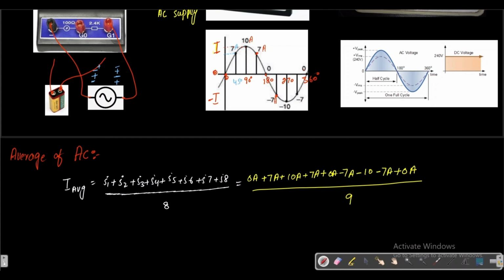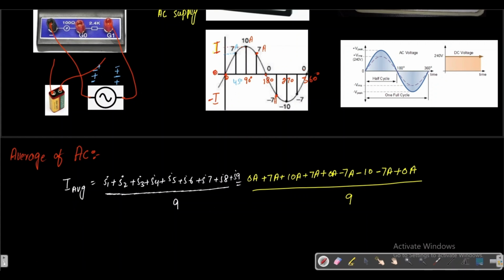So this is actually 9. I will update this; this is actually I9, and we divide by 9, and this is the average of the alternating current.